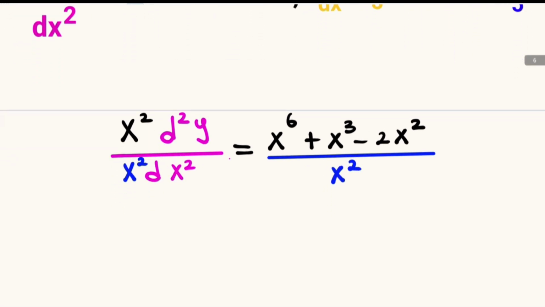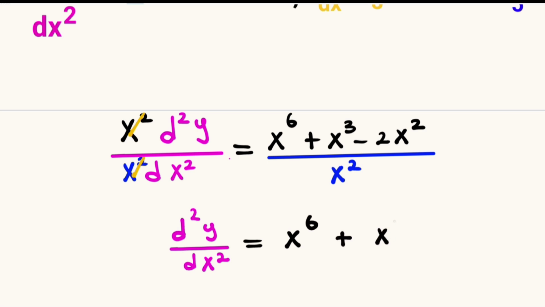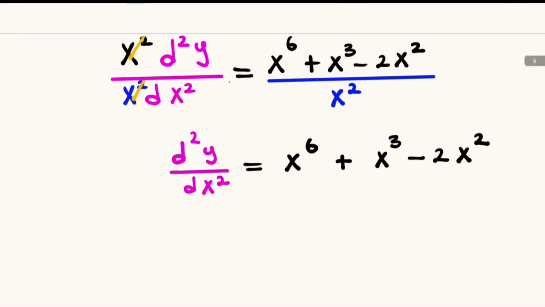and that x squared and that x squared will cancel out, such that the second derivative of y with respect to x will be equal to x to the power 6 plus x cubed minus 2x squared, and each and every term will be divided by x squared.